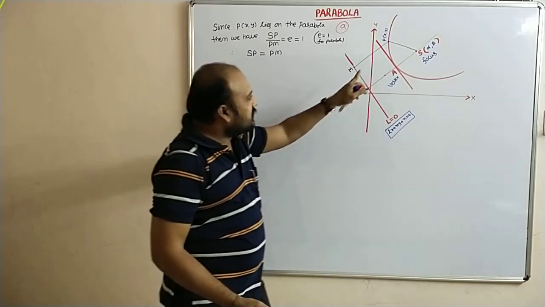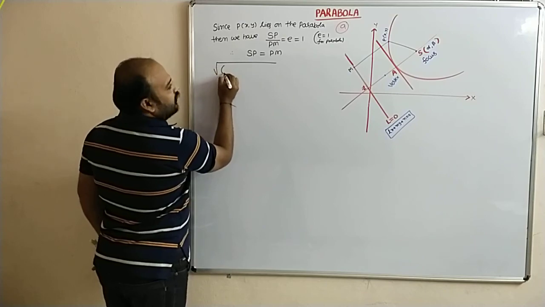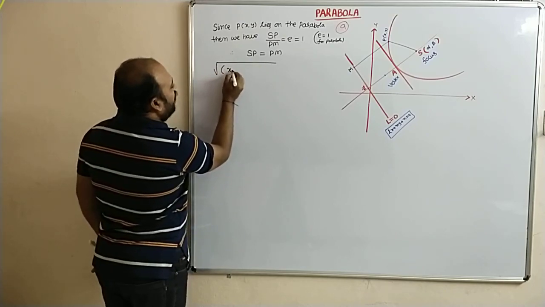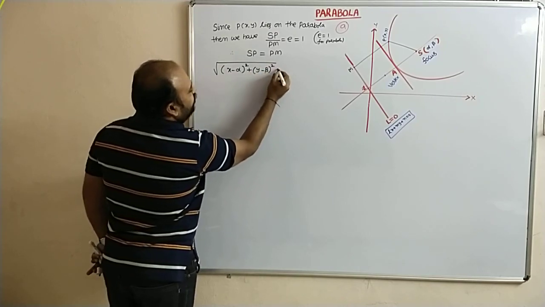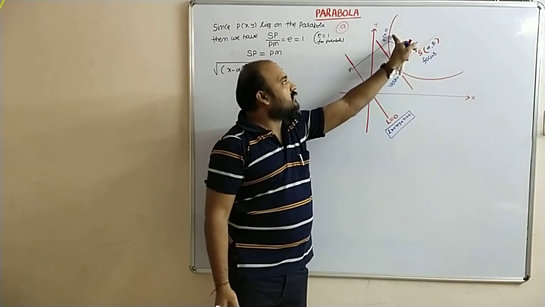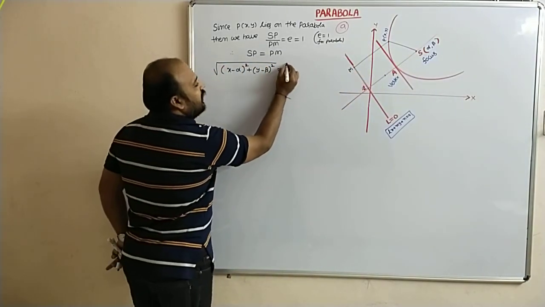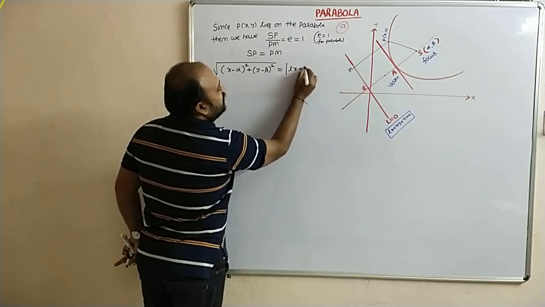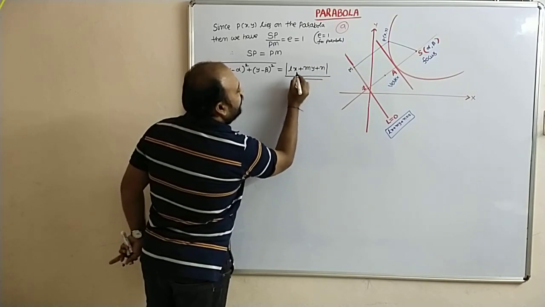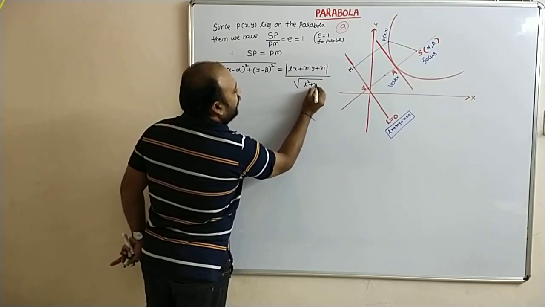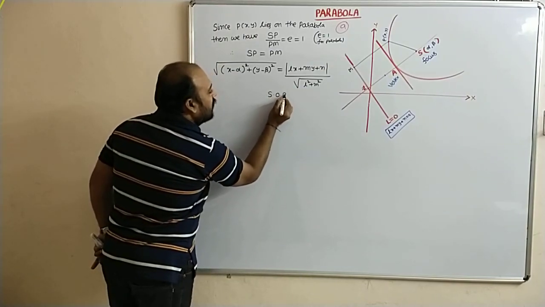What is SP? Distance between focus and point: square root of x minus alpha whole square plus y minus beta whole square is equal to, what is PM? Perpendicular distance from point P to the line, that means the directrix. So perpendicular distance is mod Lx plus My plus n divided by square root of x coefficient whole square plus y coefficient whole square. Squaring on both sides and then cross multiply.